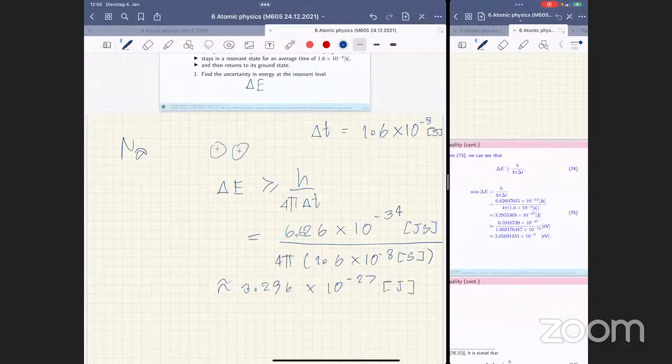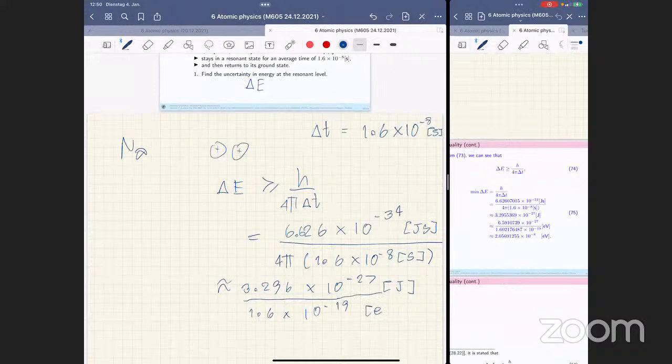You may see that the unit here, in the standard international system, is not appropriate. It's too tiny, 10 to the -27. So it's better if you convert it to eV, using 1.6 times 10 to negative 19.